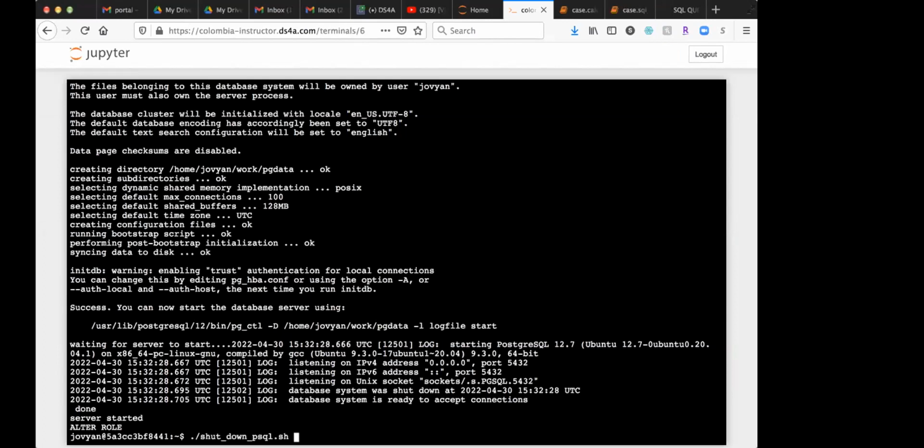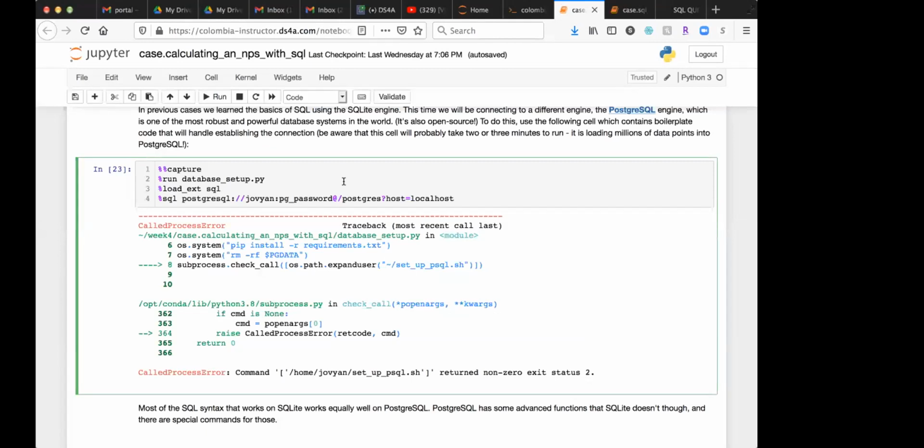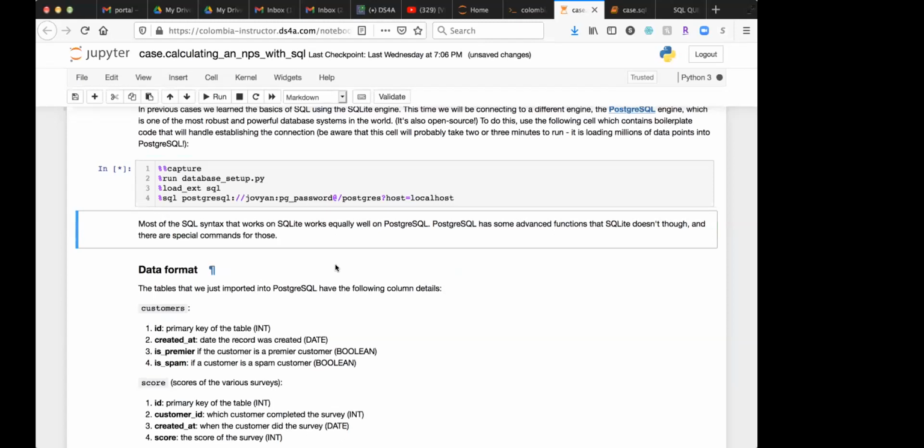Yes, we are going to delete the database completely, and we run the first cell. And then go to the case, and we run the first cell. That is going to execute that database setup py script.